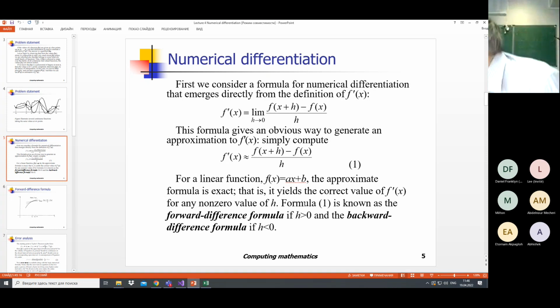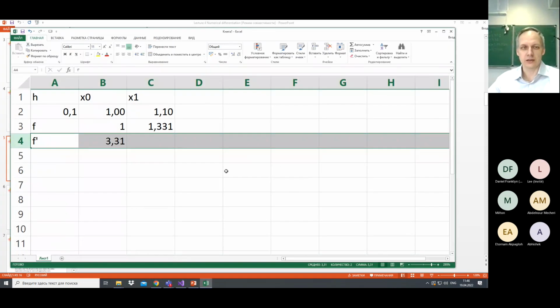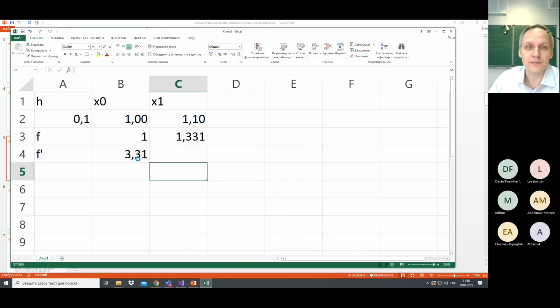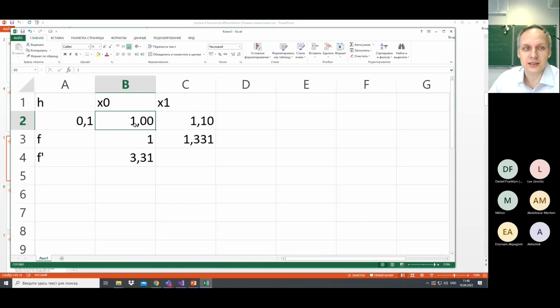Well, I can show you this effect here in the table. I use Microsoft Excel to compute the same. This is x0, 1. This is x1. This is h.